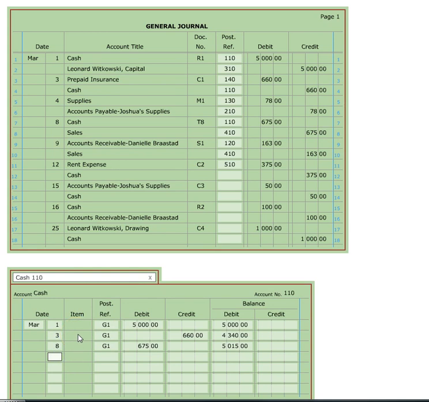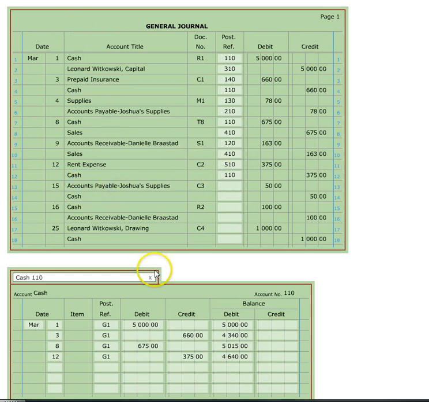Okay, so that's on the 12th. General Journal, page 1. That is a credit of $375. So $5,015 minus $375 is $4,640. Okay, posted that to 110.